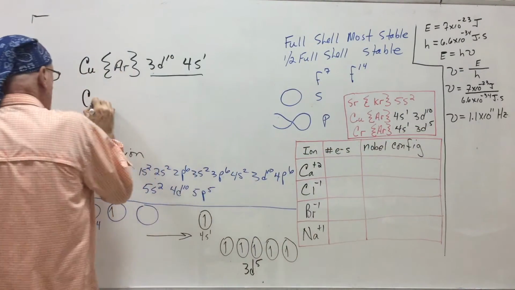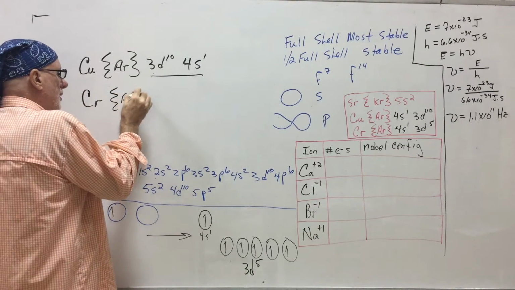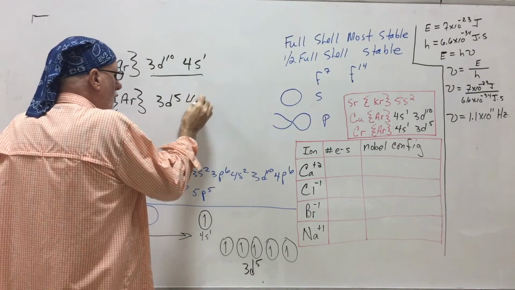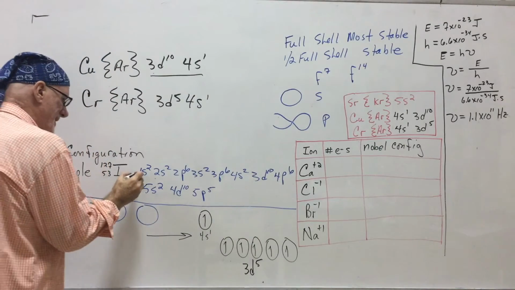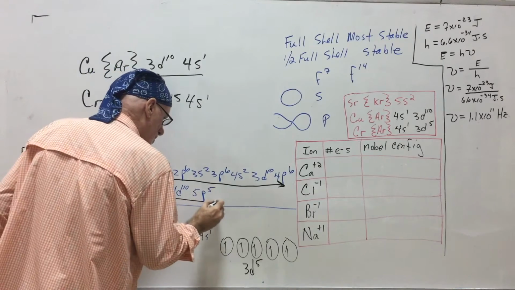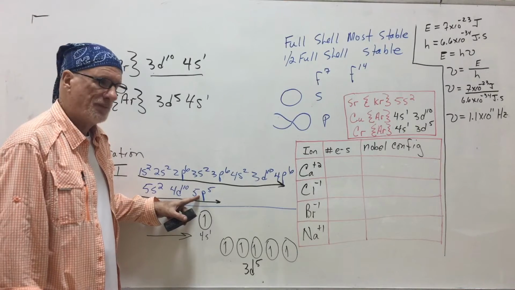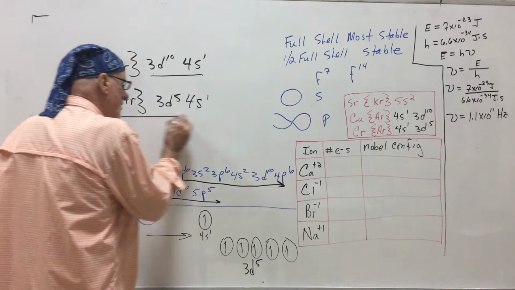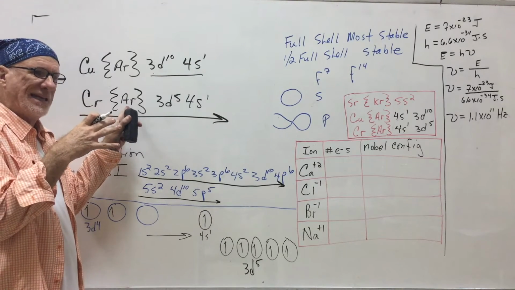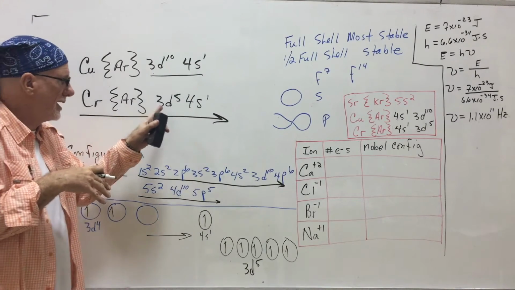Okay, and then chromium would be 3d5, 4s1. So when you write these electron configurations out, you're writing from the lower energy state to the highest energy state. All the electrons up to and including argon would be lower energy than these.